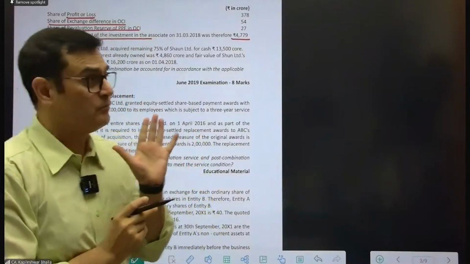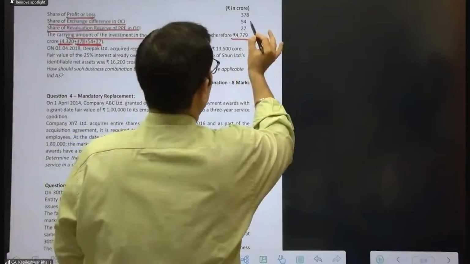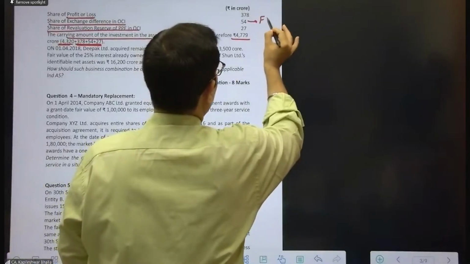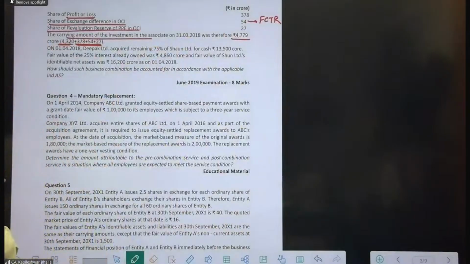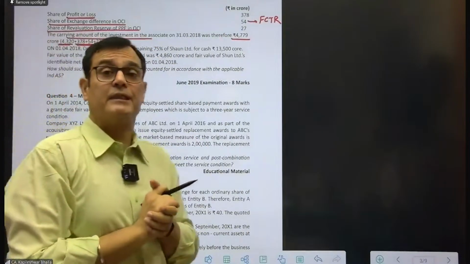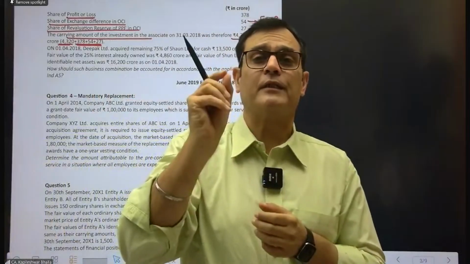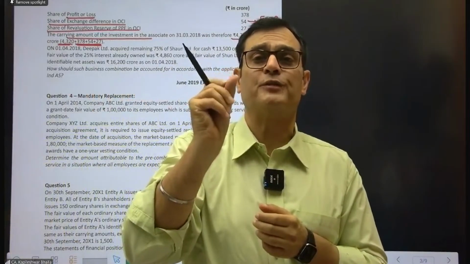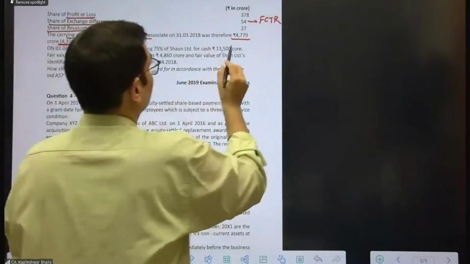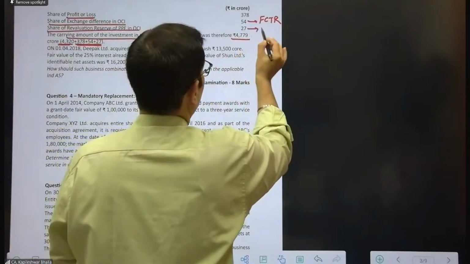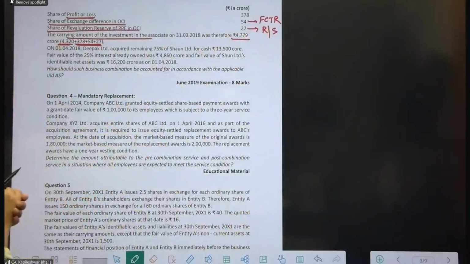Now, a quick question before we read further. Can I say this exchange difference would have rested by the name of FCTR in terms of tab 3? Am I right? As per Ind AS 21, if there is an exchange difference arising, you would have taken that in the foreign currency translation reserve. Am I right? Yes, sir. Correct. And similarly, the share in the revaluation would have been taken as a revaluation surplus in tab number 3.